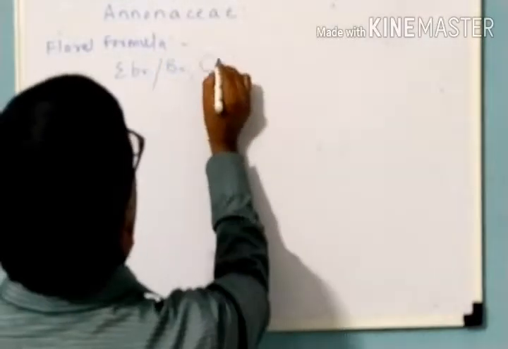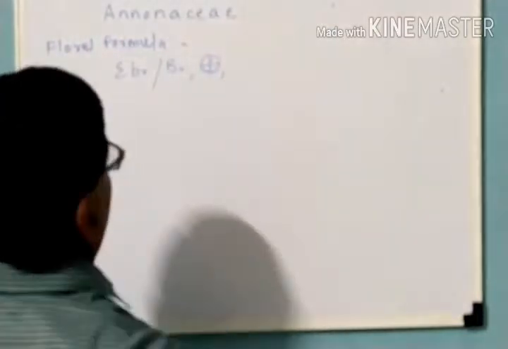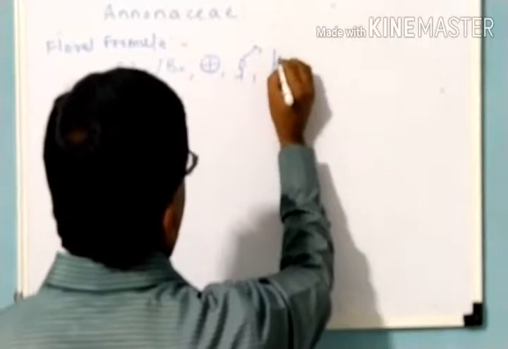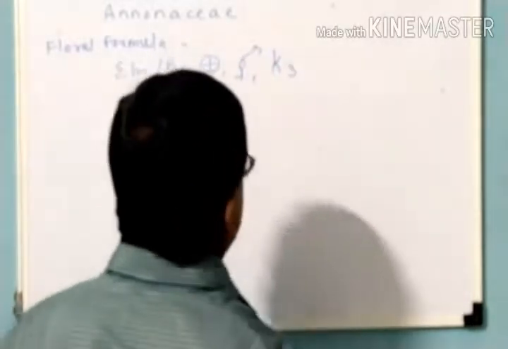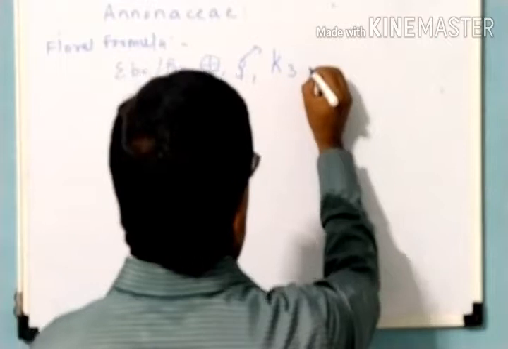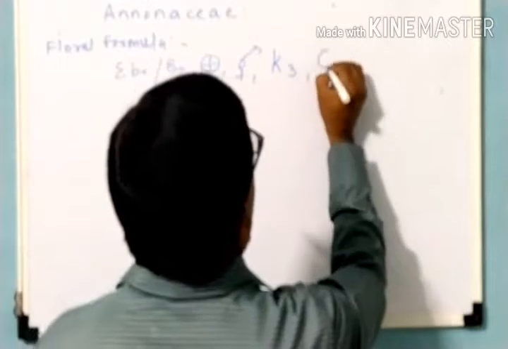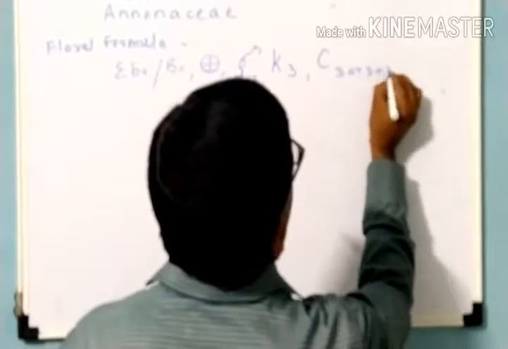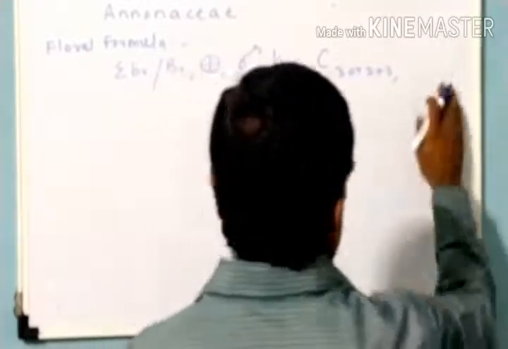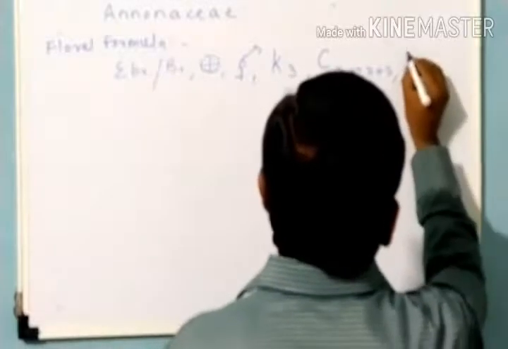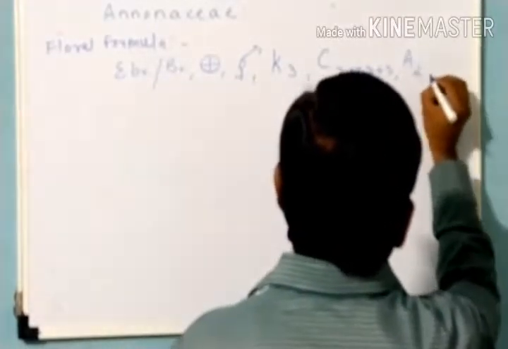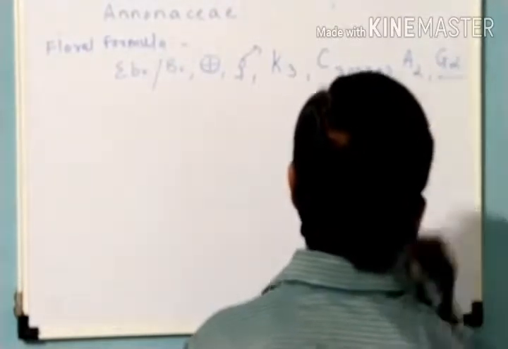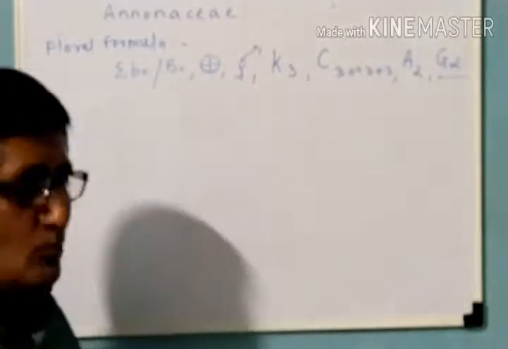Then actinomorphic, this is the symbol for actinomorphic. Bisexual flower. Calyx 3, sepals free, valvate. Corolla 3 or 6 in 2 whorls. They are also polypetalous or free and valvate, stamens many, carpels many, superior gynoecium. This is the floral formula of this particular family.